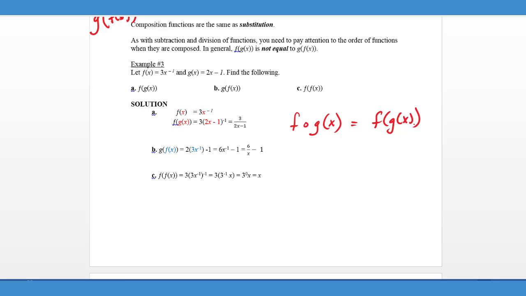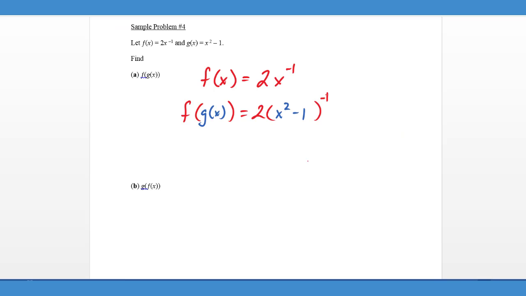All right, so let's try sample problem number 4. Go ahead and see if you can work through A, B, and C real quick, and then come back and take a look at the solutions. Okay, I've set up sample problem part A here, and you can see very simply that I'm replacing the x in f of x with the other function g of x.